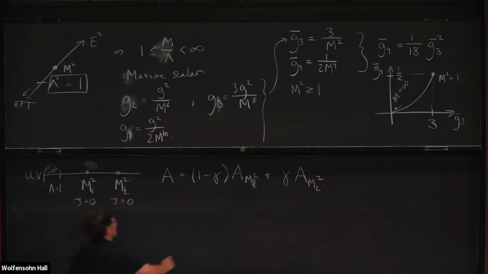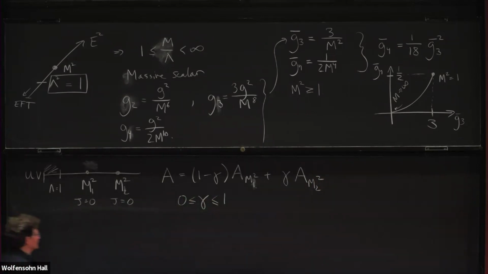Gamma is some number that can vary between 1 and 0. Why should it only be between these two values? That's because what gamma encodes is really two different versions of g squared, which is a positive number. It's some real coupling squared. So I have to make sure that I always take positive linear combinations of couplings.